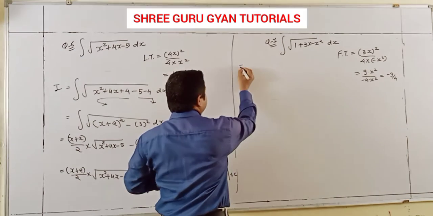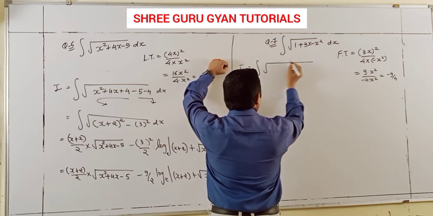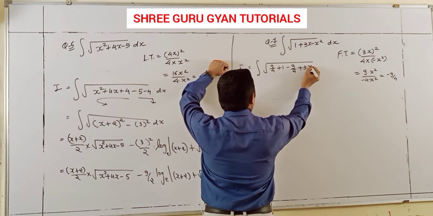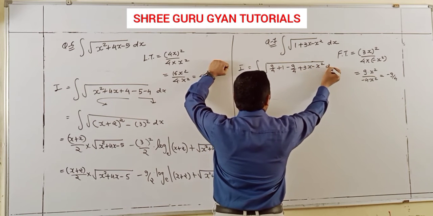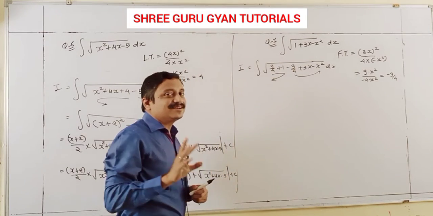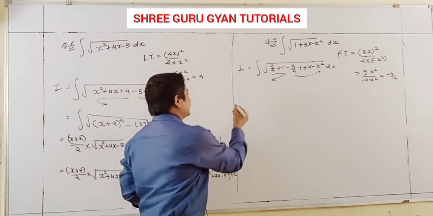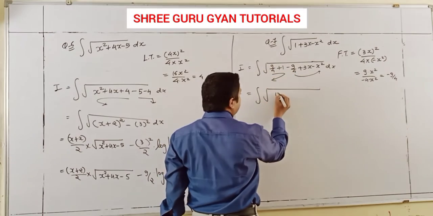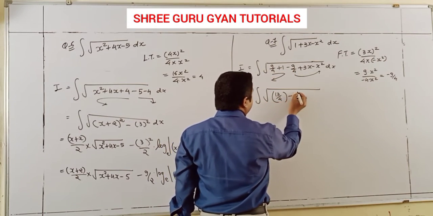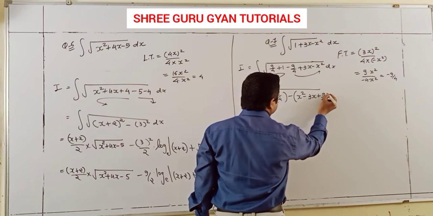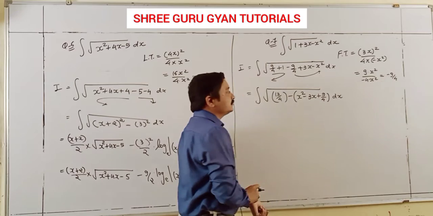So my data is plus 9 by 4, write down minus 9 by 4 for balancing the perfect square trinomial. This and this two are joining. So my value 9 and 4, 13 by 4, and it is a perfect square. X square minus 3x plus 9 by 4.